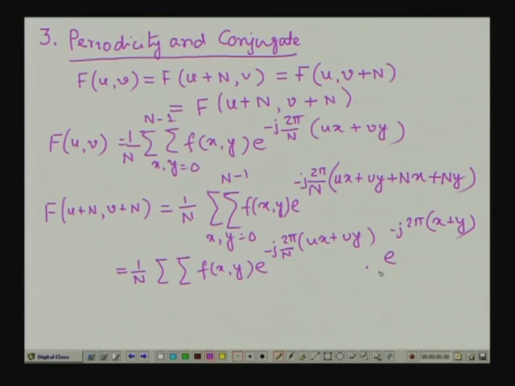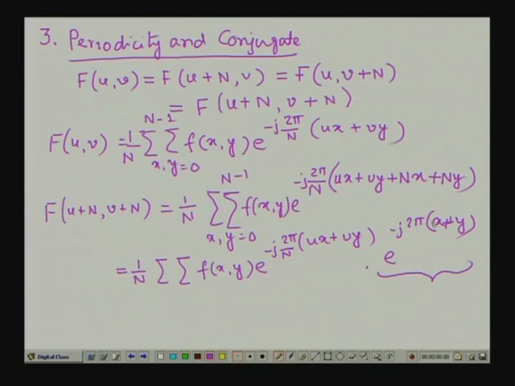Now, if you look at this second exponential term, e to the power minus j 2 pi (x + y), you find that x and y are integer values. So, x plus y will always be an integer. So, this will be the exponential e to the power minus j, some k times 2 pi. Because this is an exponentiation of some integer multiple of 2 pi, the value of this second exponential will always be equal to 1.